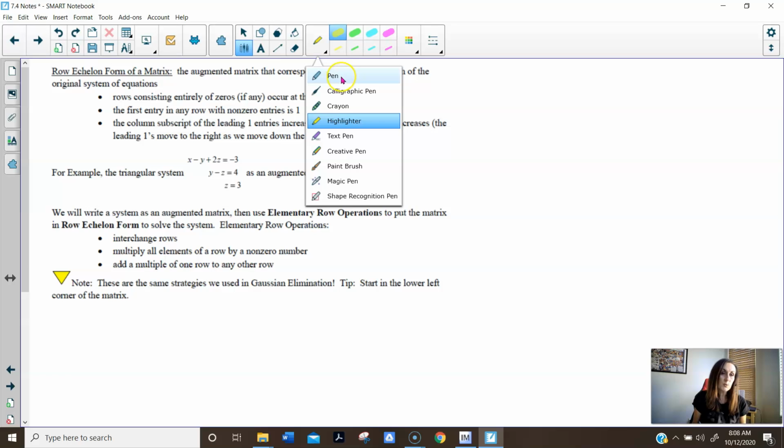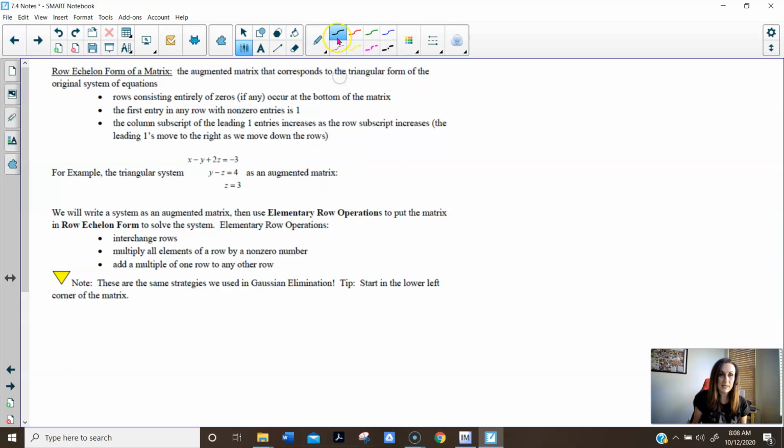If I were to write the augmented matrix, let's see what that looks like. So we have the first equation, and we're just taking the coefficients. So there's a 1 in front of the x, there's a -1 in front of the y, there's a 2 in front of the z, and it equals -3. All right, so there's our first equation. So now let's look at the second one.